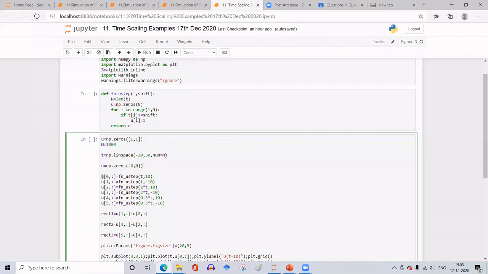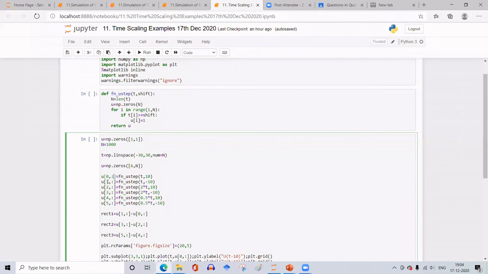So first I am calling the function with shift as 10 and storing it in the first row of this matrix U. That is 0 comma colon, which takes all columns of the first row. So in the first row, I will store the step function with a shift equal to 10.